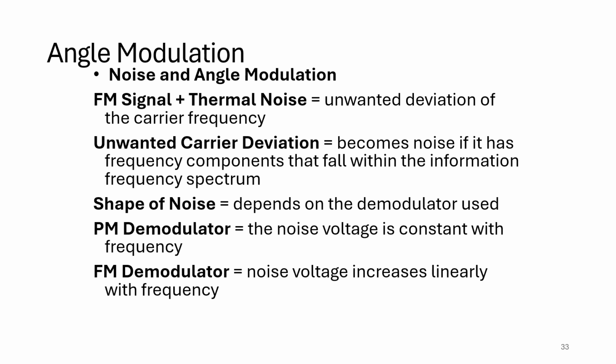So when thermal noise with a constant spectral density is added to the FM signal, it produces an unwanted deviation of the carrier frequency. So this depends on the relative amplitude of the noise with respect to the carrier. Okay, so when this is demodulated, it becomes noise.